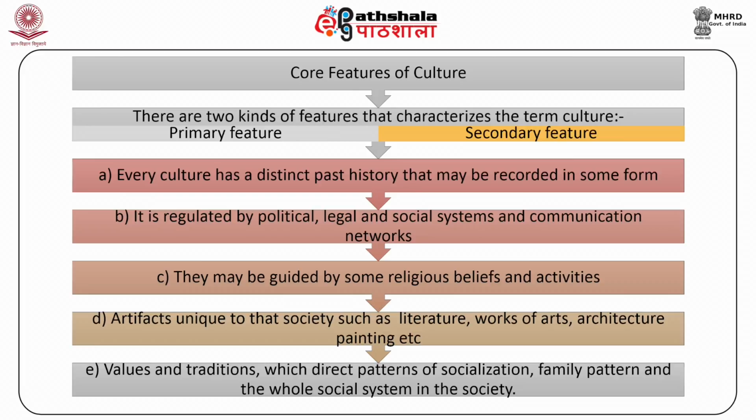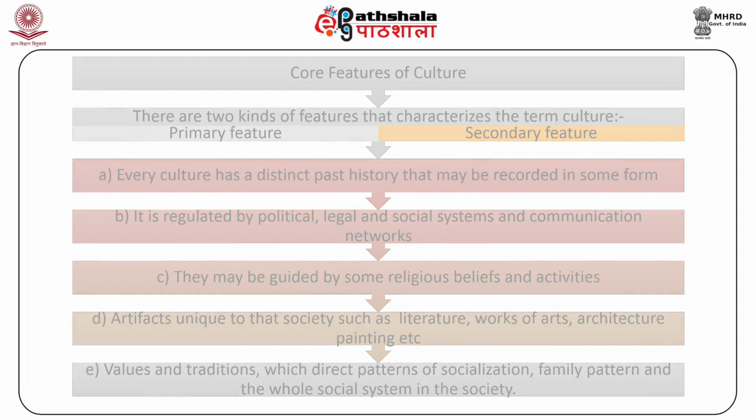D. Artifacts unique to that society, such as literature, works of art, architecture, painting, etc., values and traditions, which direct patterns of socialization, family pattern, and the whole social system in the society.